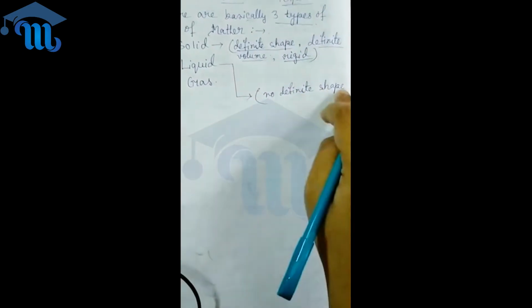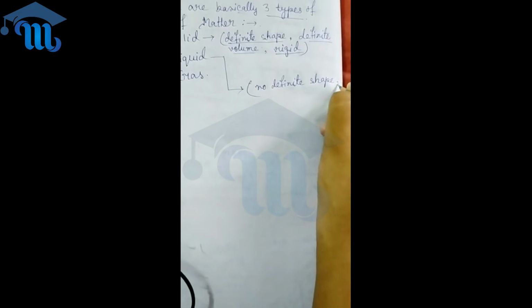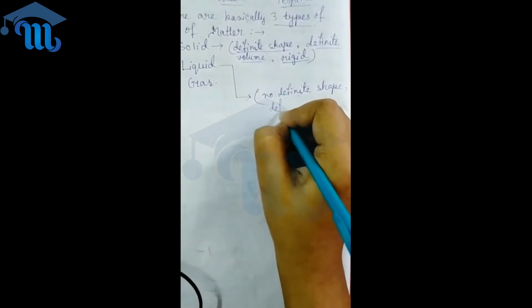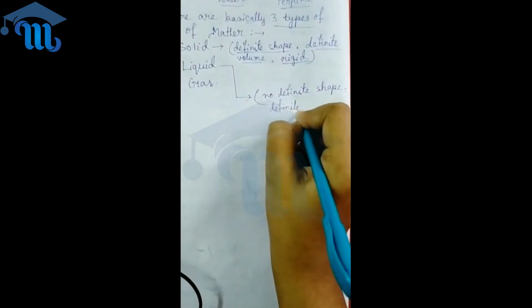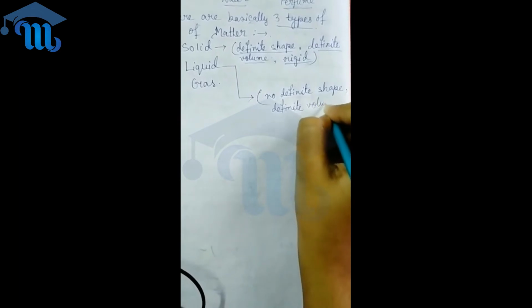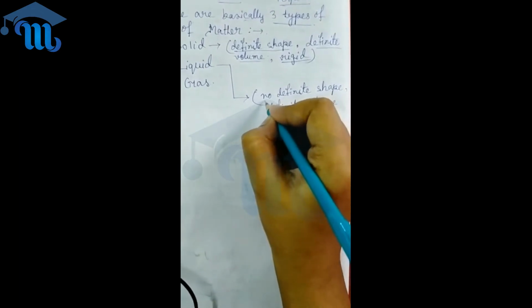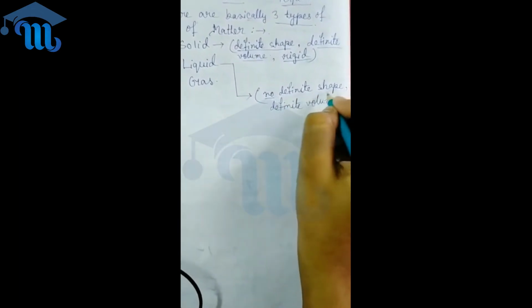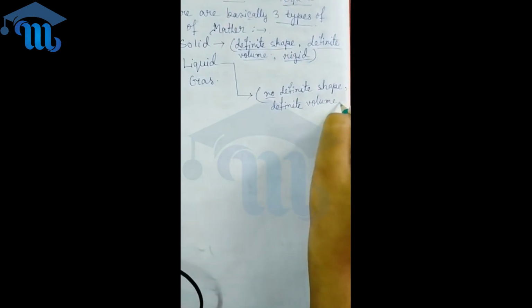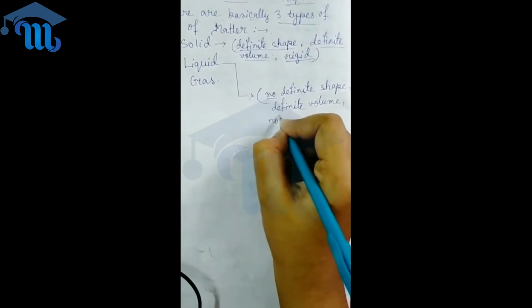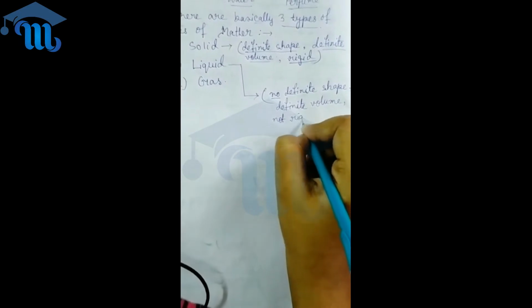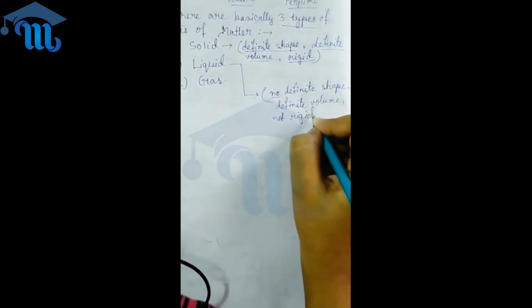It can take the shape of the container where it is placed. No definite shape, but definite volume. So must underline this part: no definite shape but definite volume, and they are not rigid.